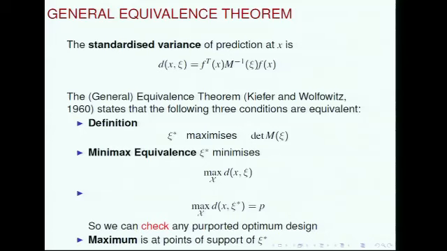That is more than just a sort of mathematical curiosity. In particular, we can check any purported optimum design. If somebody says to you, this is the best design that we can do using D-optimality, you can search over the design region and you can find out whether in fact the maximum of this thing is equal to p.